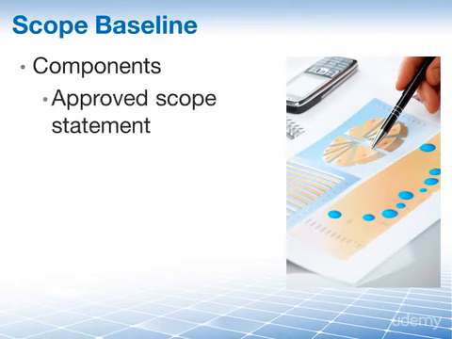The first component is our approved scope statement. Remember the inputs that we have to this process? The scope statement was one of the inputs. So at the beginning of this process, the scope baseline only consisted of one of our three components, the approved scope statement. Then we ran through this process and we created component number 2.